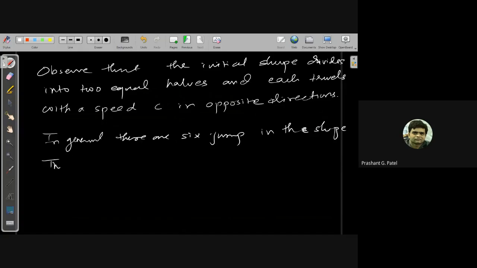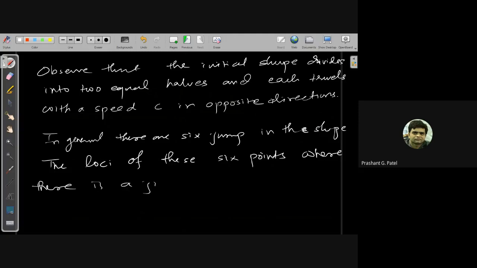So the locus of these 6 points where there is a jump in the slope are as follows.